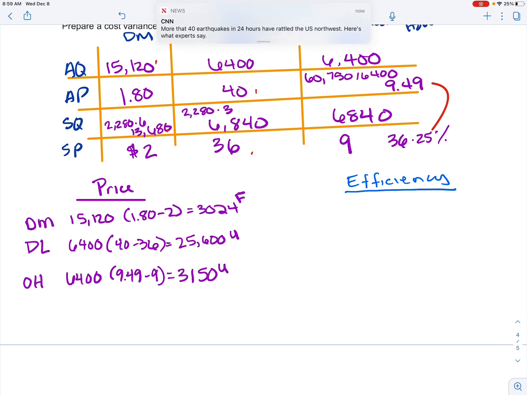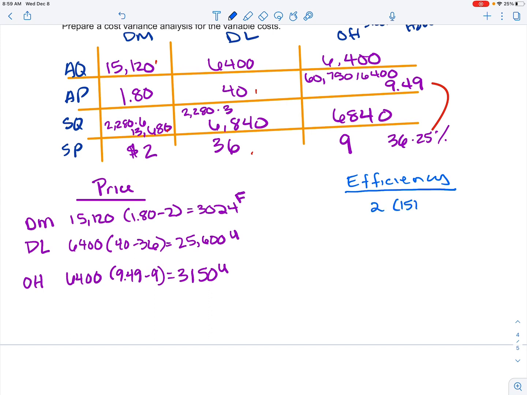And direct materials, I know I'm going to take that standard price and compare my quantities. This is going to give me a difference of 2880. That's unfavorable if I just look at the quantity I used.